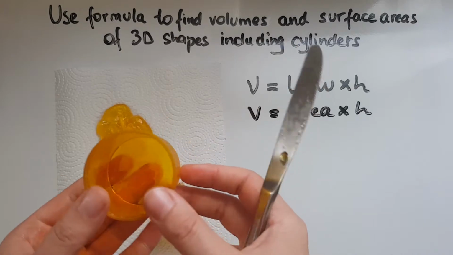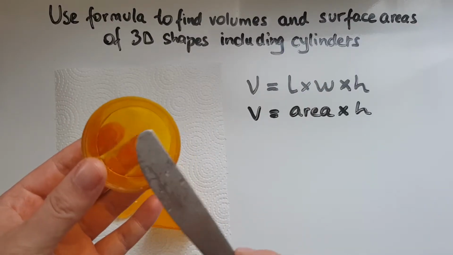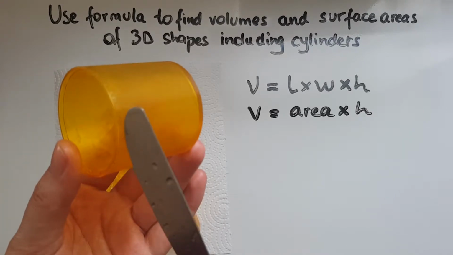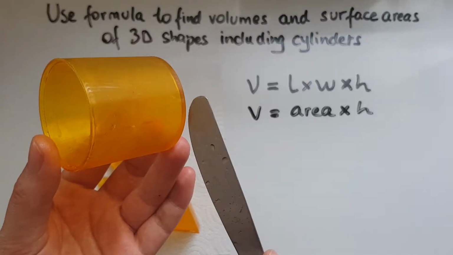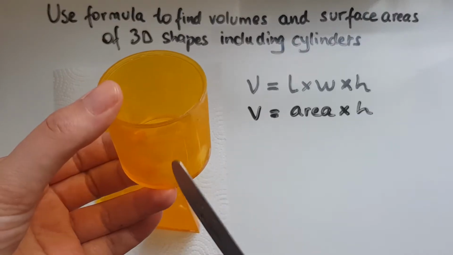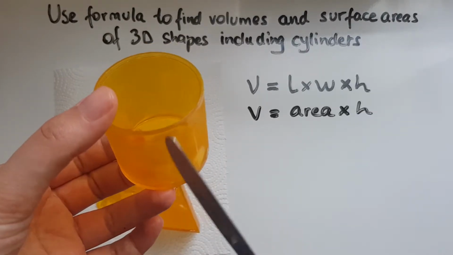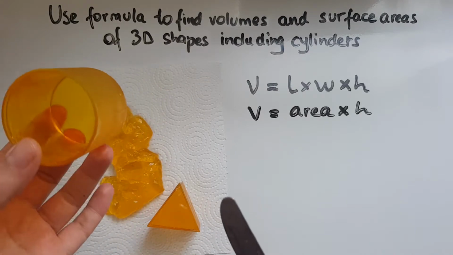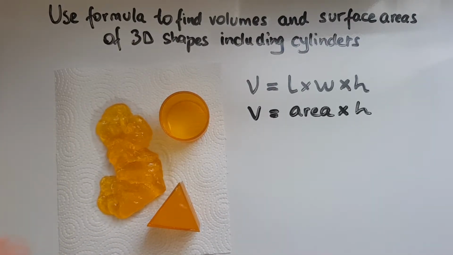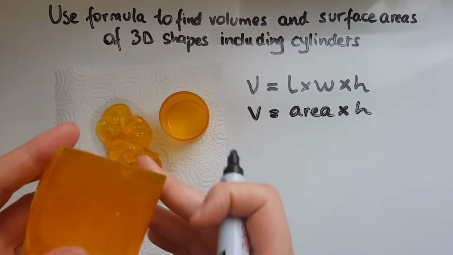And the same thing here, if I work out the surface area of the circle or the cross section, and then multiply it by this length, which we call the height or the depth, then we'd have the volume being worked out.